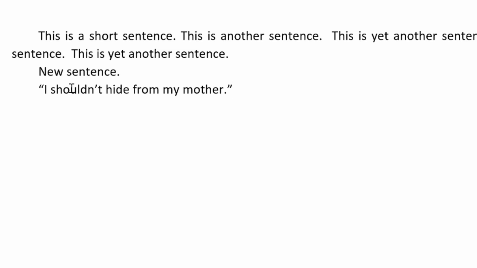So I should not hide from my mother sounds much more formal than I shouldn't hide from my mother. So if you want casual writing, you should use the condensed or collapsed form using the apostrophe. And if you want something more formal, use should not. That's part of your writing style.